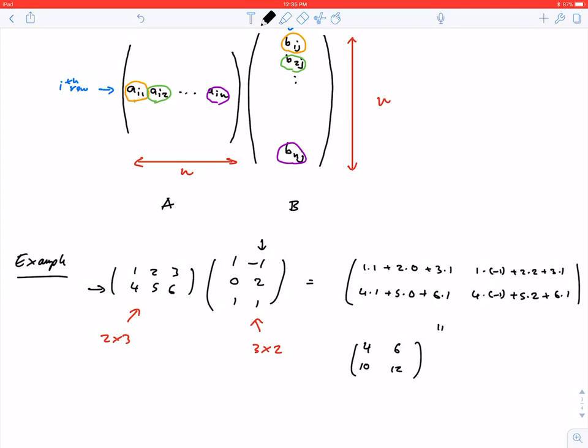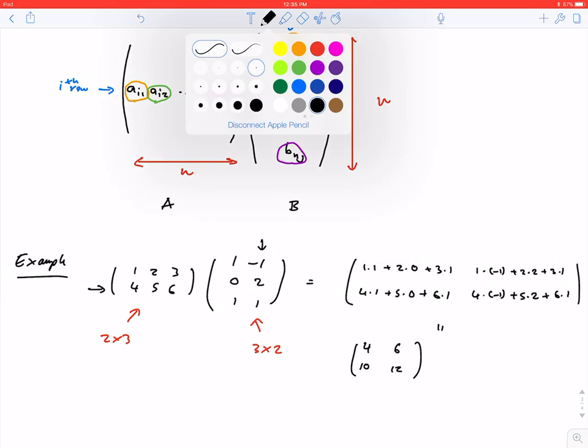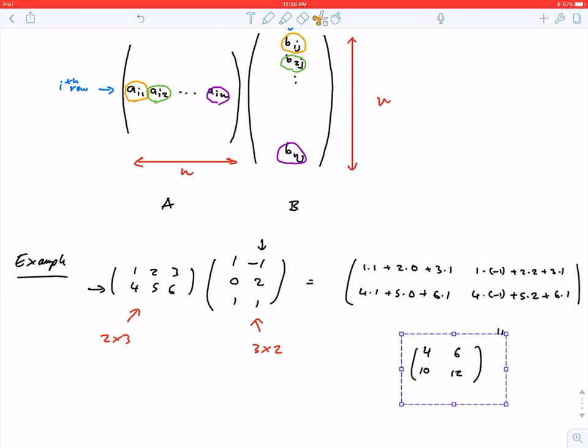That's the matrix multiplication of this. And it's just the composition of the linear transformations associated to it. And notice this is a 2 by 2 matrix, as you would expect. Something terribly wrong would have happened if that wasn't the case.